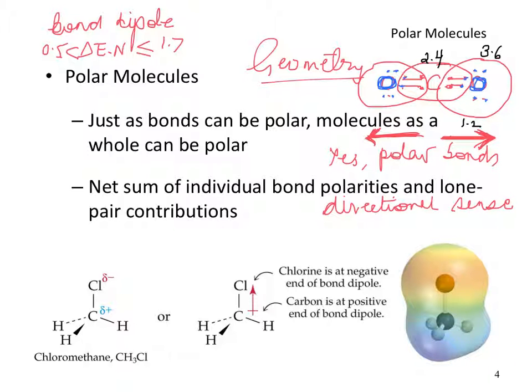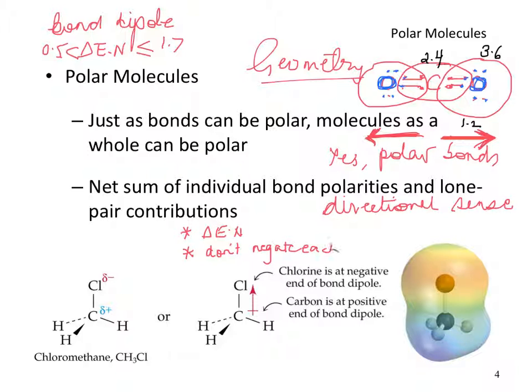So one can say that the requirement for polarity is, yes, you should have the difference in electronegativity, and the geometry should be such that the dipoles don't nullify, don't negate each other.